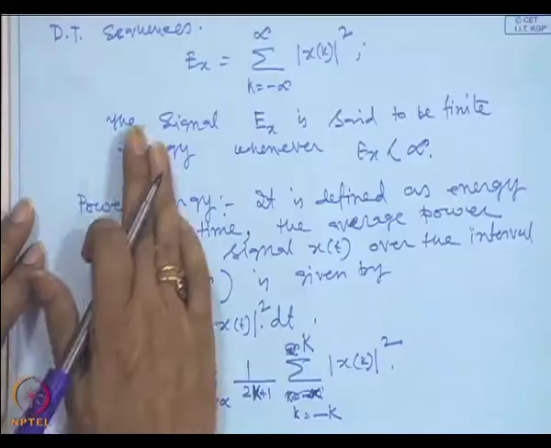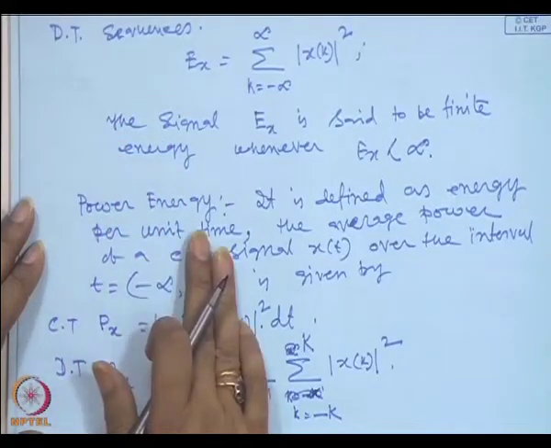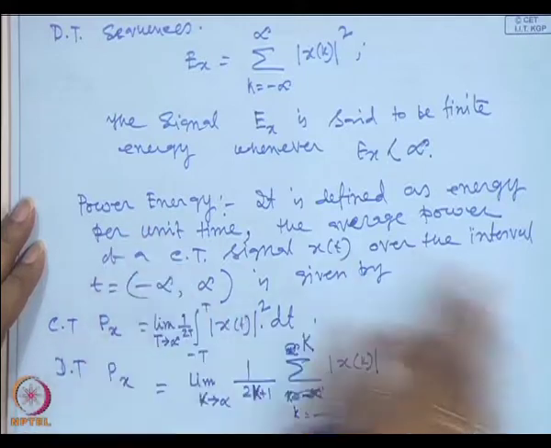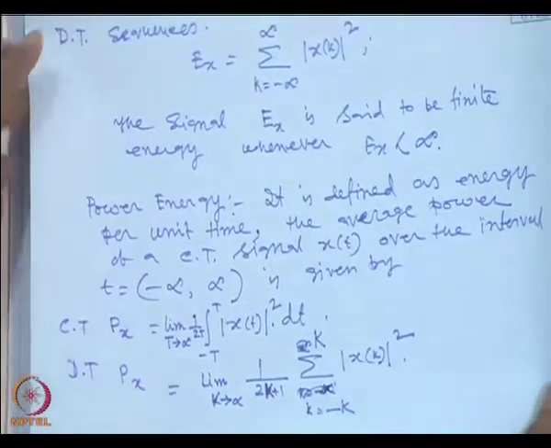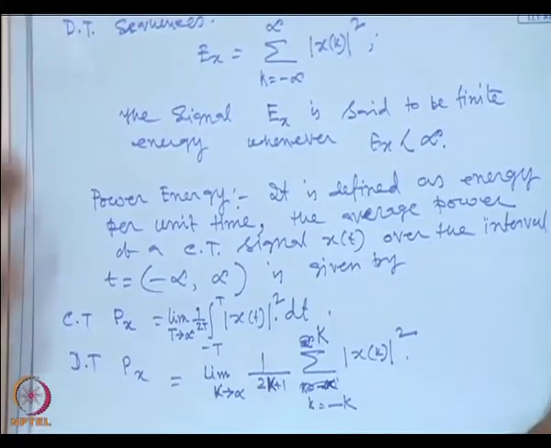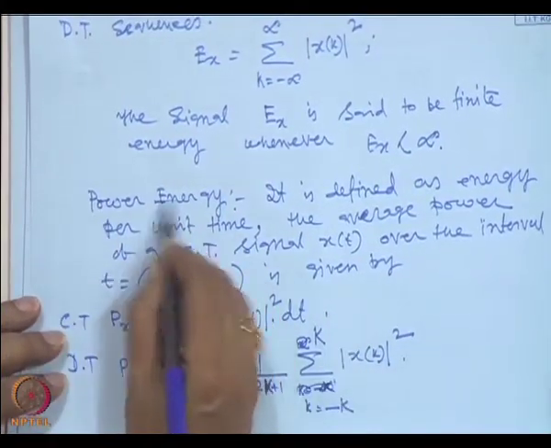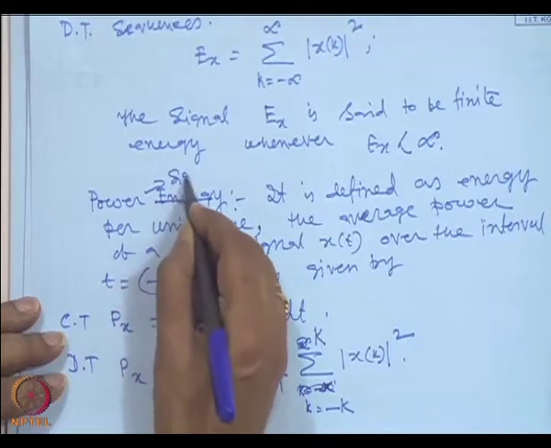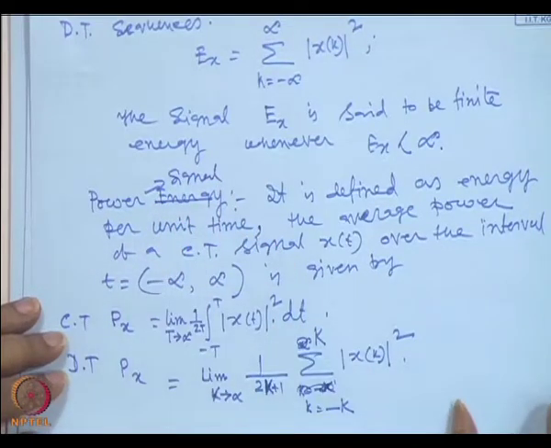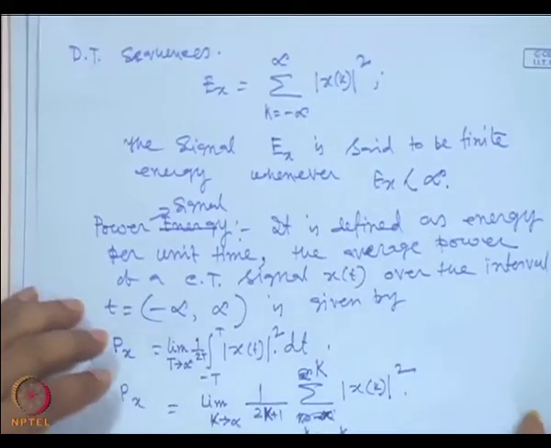And we use the definition of energy signal when the signal tends to 0 as t tends to infinity. So, that is next.